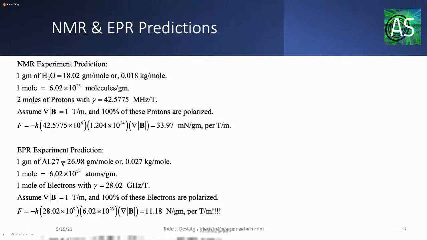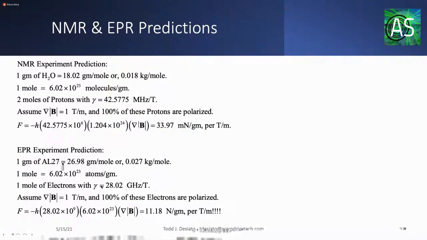And as I mentioned before, I built a zero Gauss chamber and purchased several power supplies and Helmholtz coils to try to make an NMR machine that I can actually monitor with enough resolution to detect the weight loss or a force on the material due to this effect.